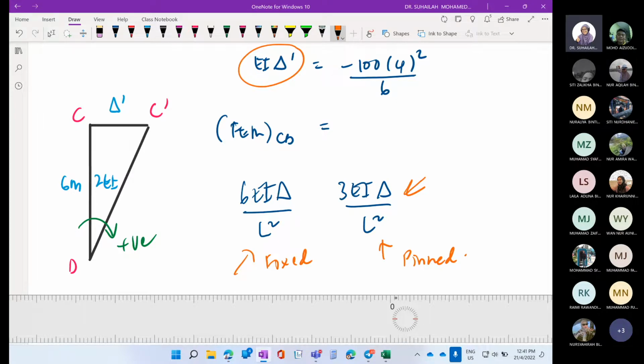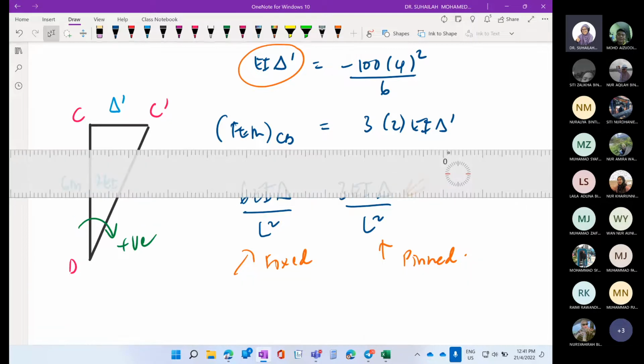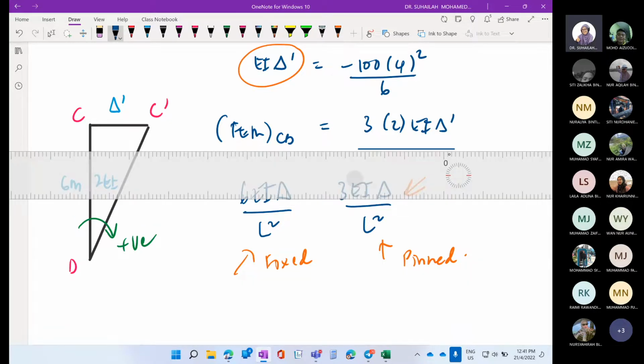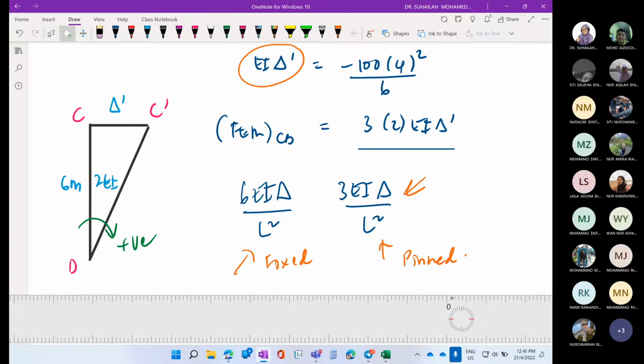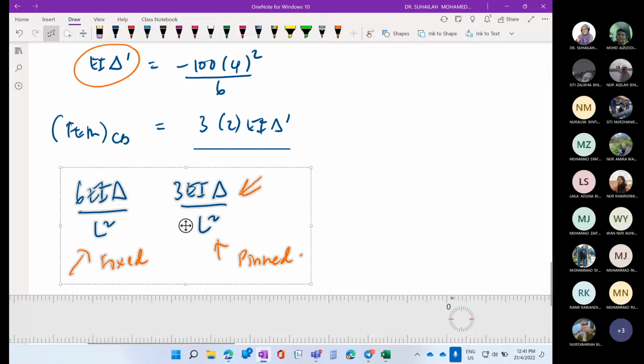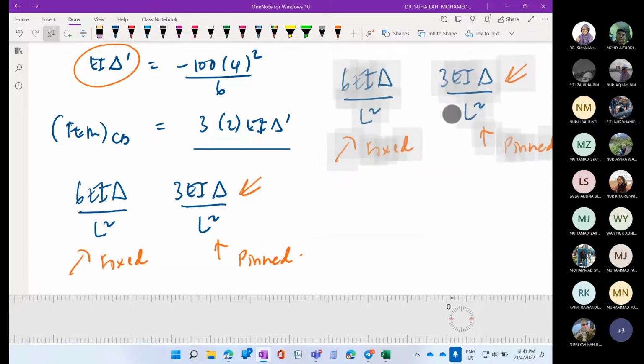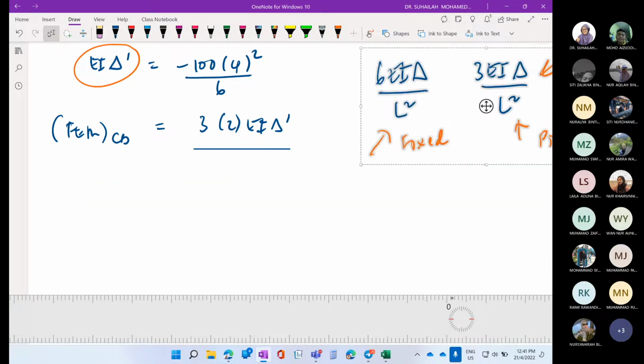If we want to use this, it is 3 times 2 EI delta prime divided by L squared, where L is 6, so 6 squared.